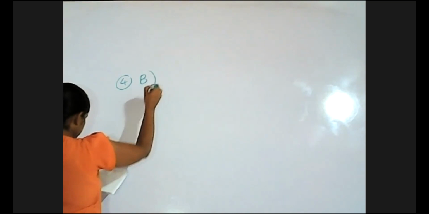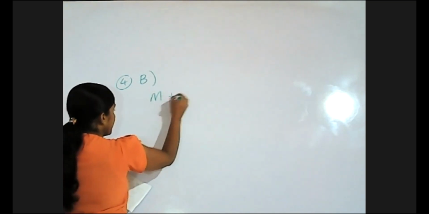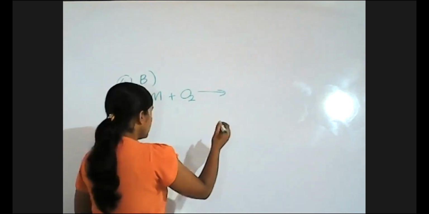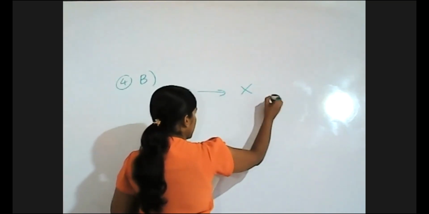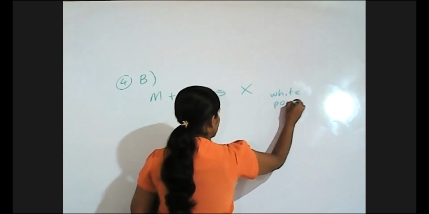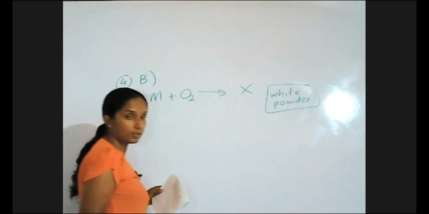4B part. M reacts with oxygen gas and forms X, and it is a white color powder. They give a clue here, white color powder.